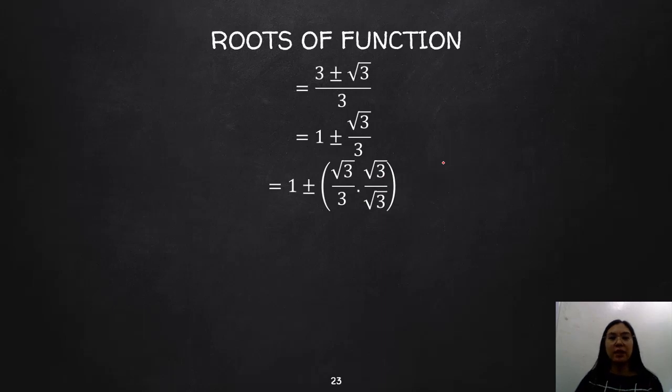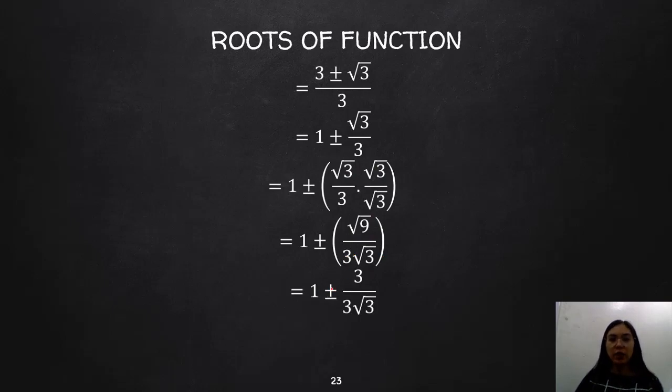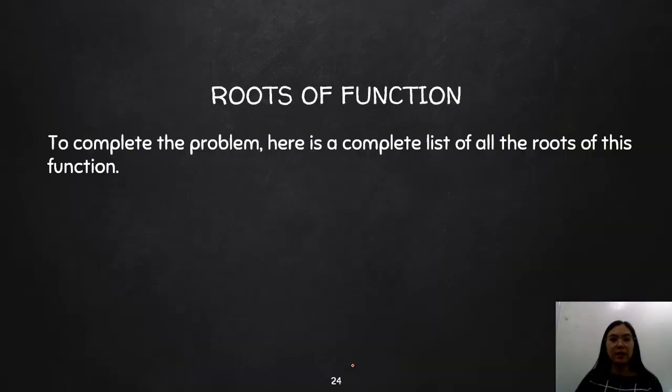So, di ba parang minultiply mo lang naman siya ng 1, such that you will get 1 plus or minus the quantity square root of 9, kasi 3 times 3 is 9, all over 3 square root of 3. Or that's 1 plus or minus 3 all over 3 square root of 3, or you get this particular value. Parang sinimplify lang natin siya ng unti-unti. So this is another of the roots, 1 plus or minus 1 all over the square root of 3.